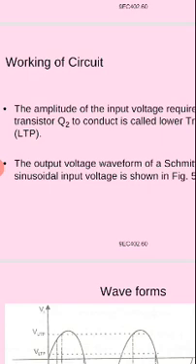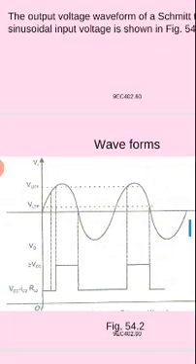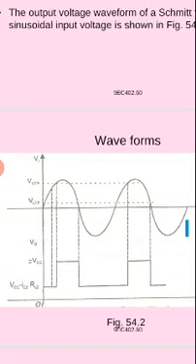Waveforms. In the waveform, there is input voltage and output voltage. Input voltage is a sine wave, output voltage is a square wave, or we can say pulses.